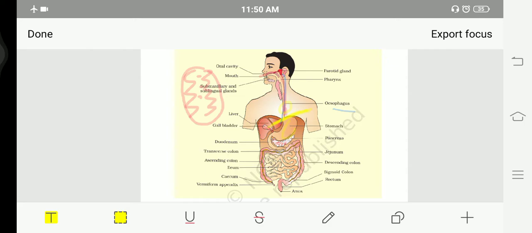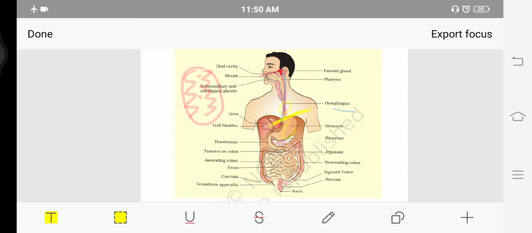When we come to the small intestine, bile juice, pancreatic juice and intestinal juice are secreted, and in those juices there are specific enzymes to break down specific types of food molecules. So in the intestine, what happens?